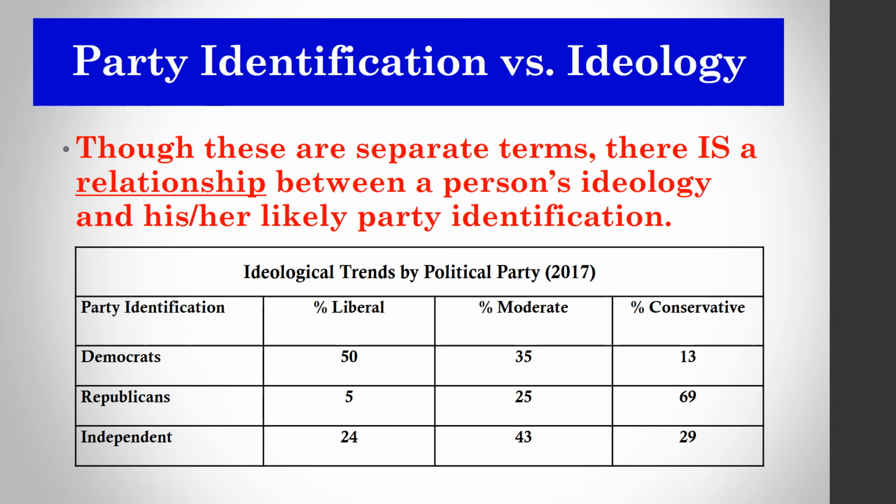Republicans, as it makes sense, only 5% consider themselves liberal, 25% moderate, and the majority are conservative. In independents, you see not the majority, but a plurality are moderates. And that makes sense as well. They're sort of in between ideologically, so they may agree with certain positions of the Republicans and other positions of the Democrats, or they may favor a third party. And so again, there is a relationship, but it's not exactly the same thing.